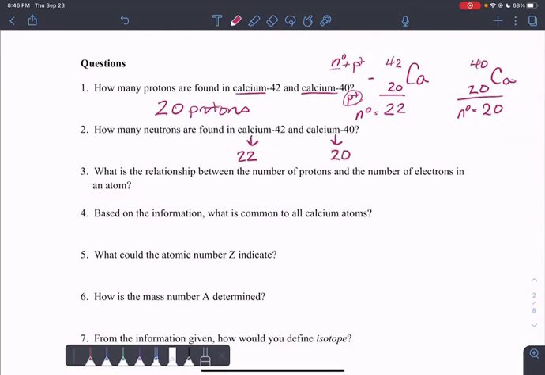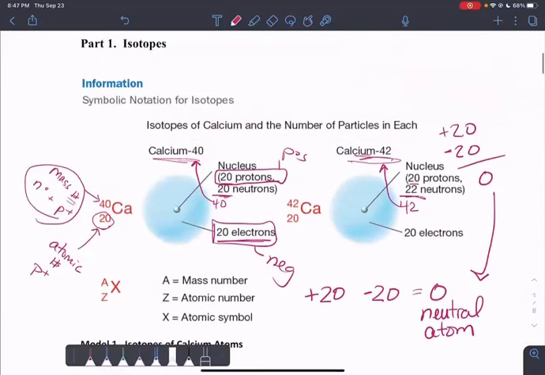20. What's the relationship between the number of protons and the number of electrons in a neutral atom? In a neutral atom, they are equal, right? That's what we showed up here. We looked at number of electrons and number of protons, and we said, okay, 20 and 20.